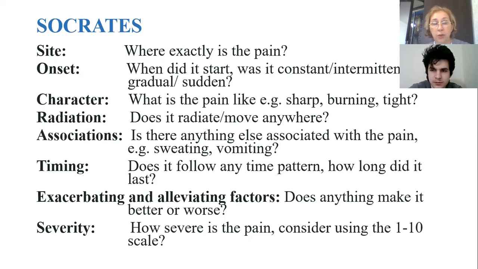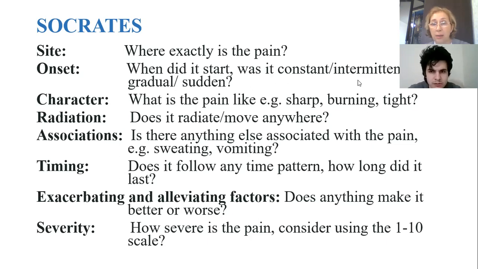I would like you just to take notes about this SOCRATES model, I mean the meaning of each of the letters. Actually, this information is also given in the book in Unit 1. And let us look at the questions. For site, onset: when did it start?